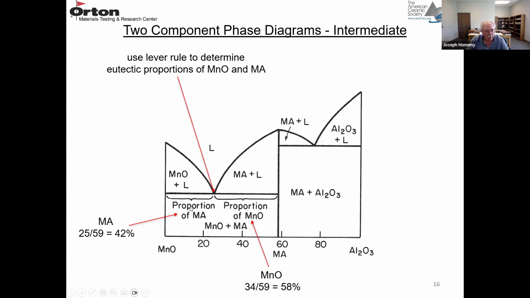So the amount of Ma in this eutectic composition is 25% over 59. So the entire tie line is 59%. So that's 42% Ma. And then the proportion of MnO is 34. This is 34% over the entire tie line of 59%, or 58%.